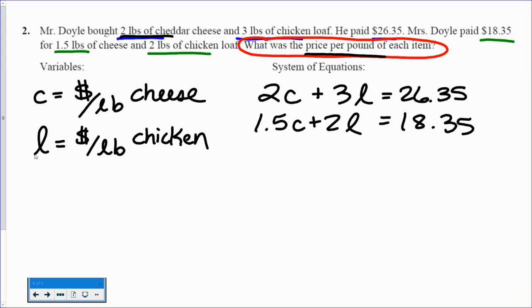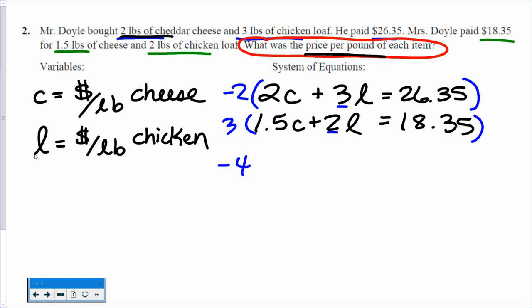I think I'm going to try to eliminate L, so I can multiply the top equation by 2, the bottom equation by 3, so that I'll get a 6 in front of those, but I want one of them to be negative, so it doesn't matter which one's negative, so I'll go ahead and throw that on top. Okay, I'm going to rewrite those two equations.